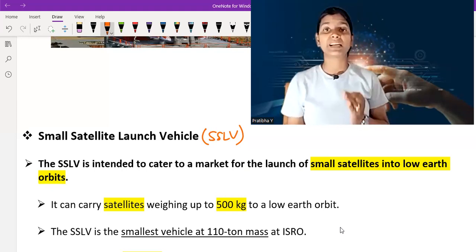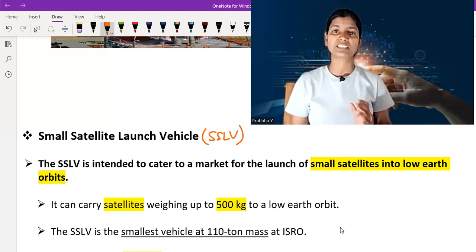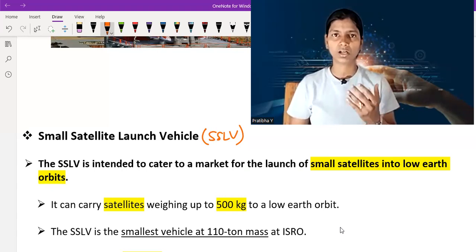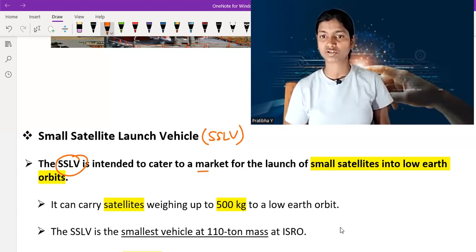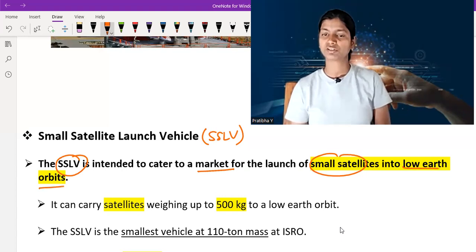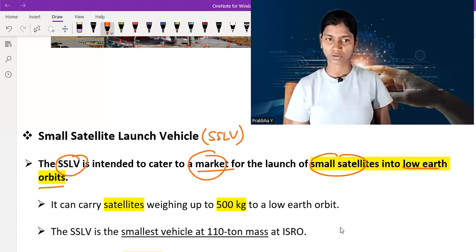So we built another rocket called SSLV, which is capable of launching small satellites, and the cost does not rise on a large scale. The SSLV is intended to cater to a market for launching small satellites into lower orbit.